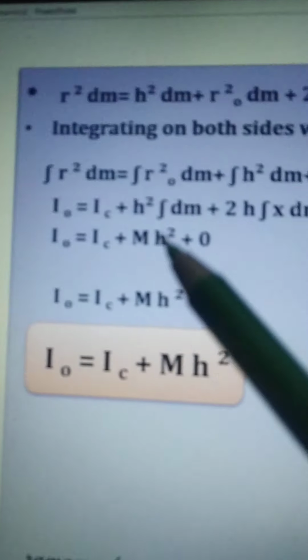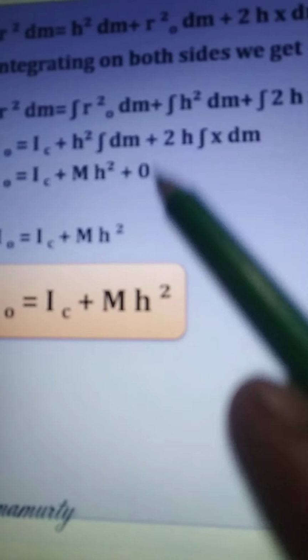Here, as C is the center of mass, the algebraic sum of moments about the center of mass is always 0. So integration of x dm is 0, and the whole term is 0, correct?